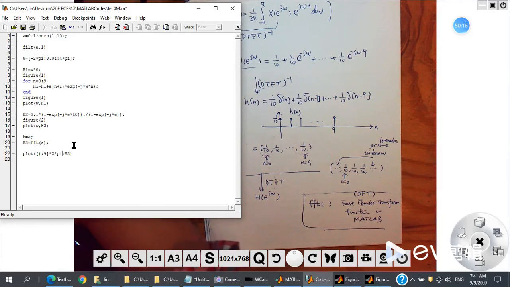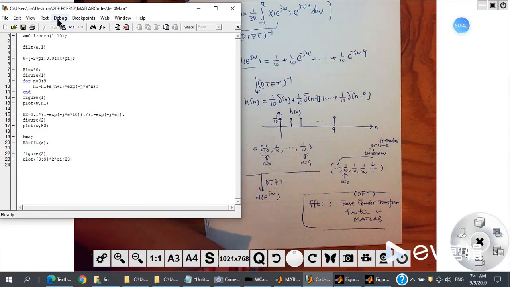Oh, this is 0, sorry, I need a shift. 0 to 9 times 2 pi. I plot this in figure 3. I have 3 figures. Okay, let me run it.